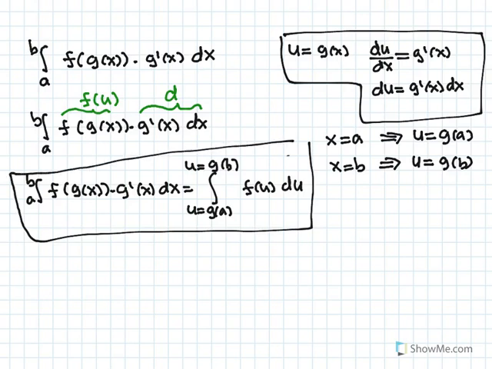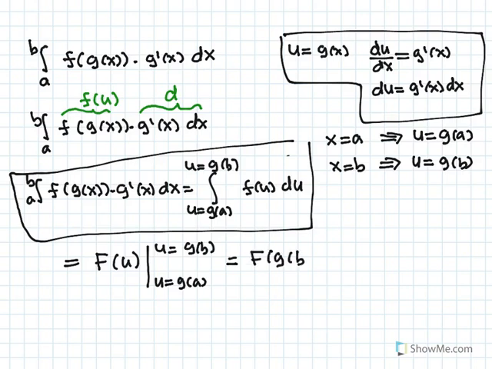Alright, so what we have is the antiderivative of f of u, that's going to be capital F of u. We're going to apply the fundamental theorem of calculus. U equals g of a is the lower limit, u equals g of b is the upper limit. Substituting the upper limit in, we get F of g of b, and substituting the lower limit, we get F of g of a.